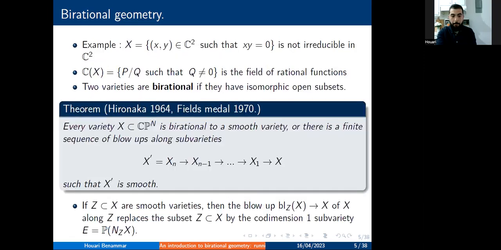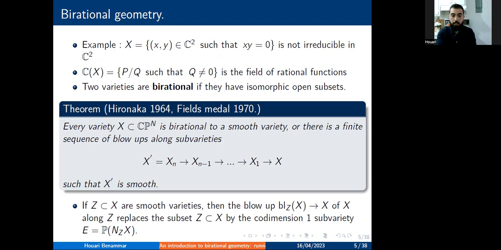Okay. So, for example, the set of points x and y in C2 such that xy is equal to 0 is not irreducible, because we can write this set as a union of two closed subsets: x equal to 0 and y equal to 0.